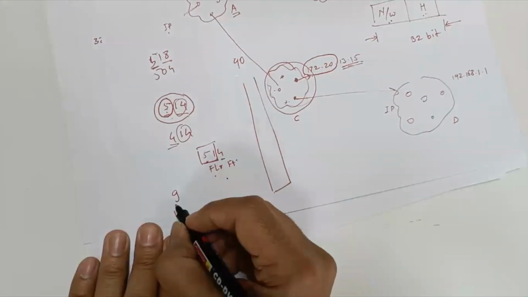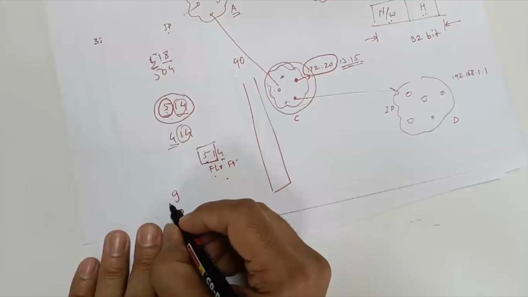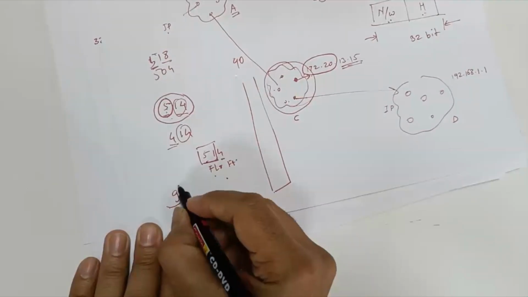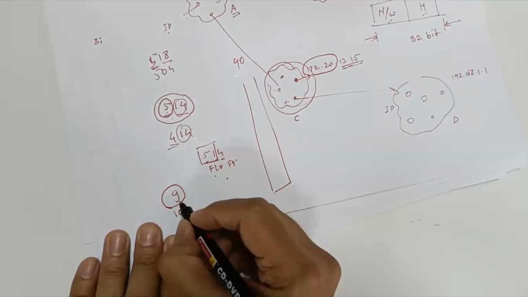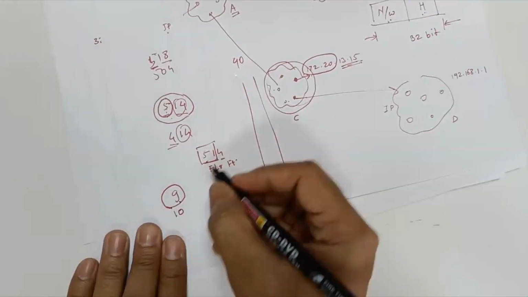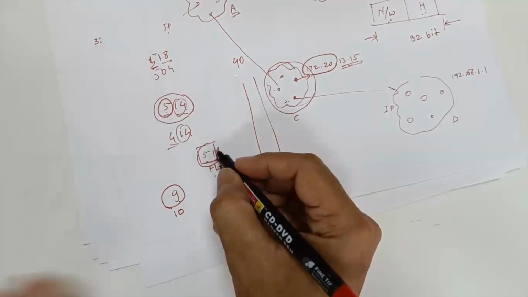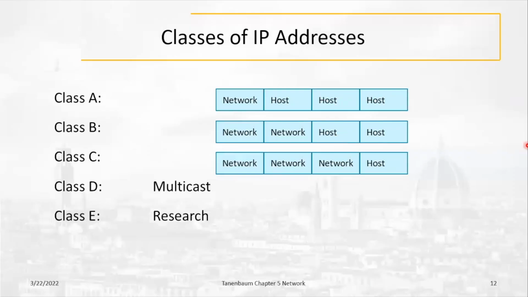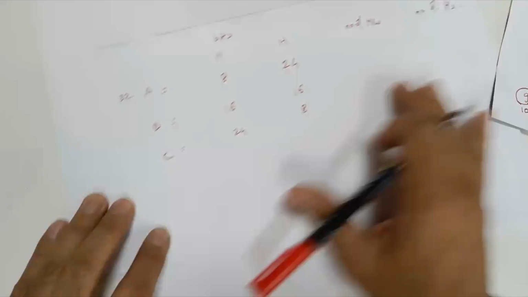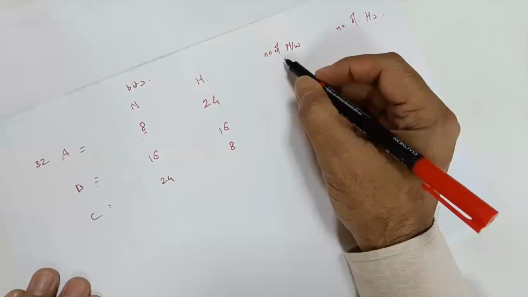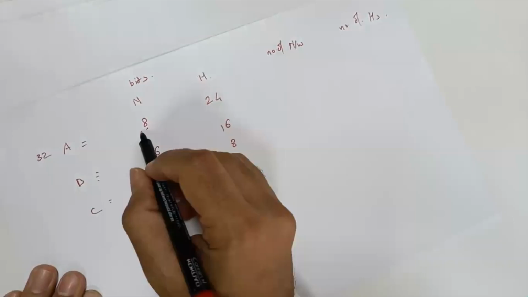For that you have to go with another format, right? So this is what I want to find out. What is the maximum number of floors if you are assigning one digit? What is the maximum number of floors if you are assigning 2 digits? So a similar concept we'll apply here. What is the maximum number of networks you can have in class A?